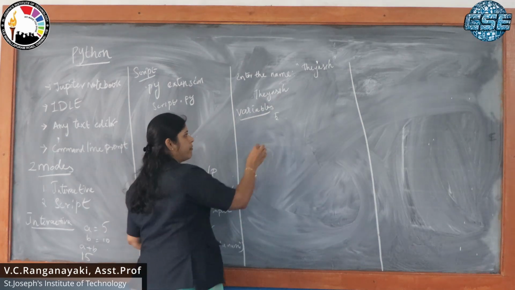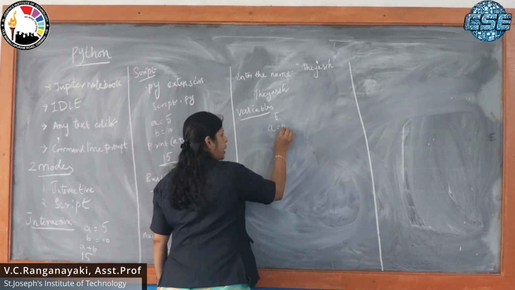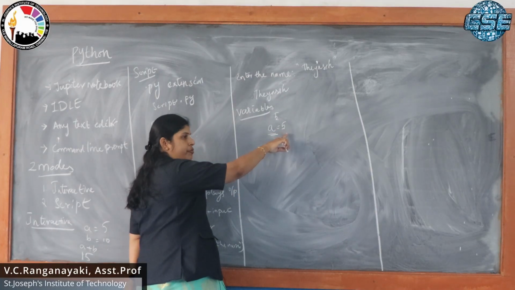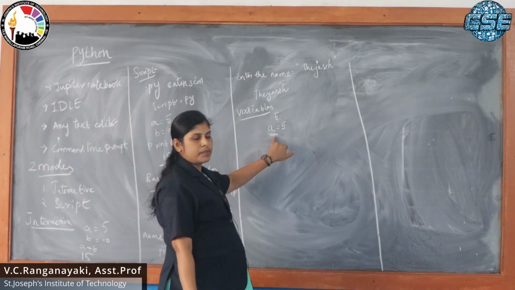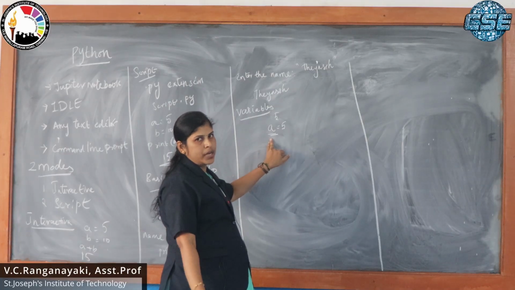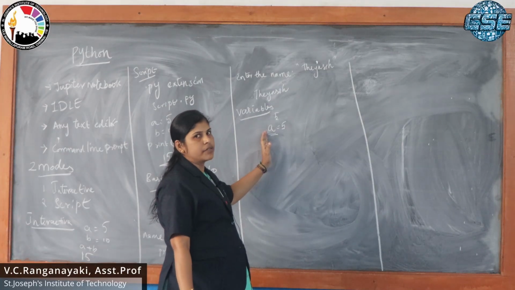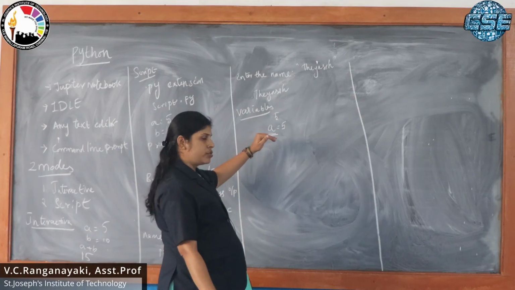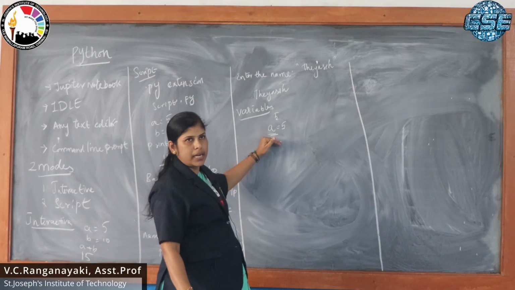I do it through a variable, a equal to 5. Through this variable a, I am storing the value 5, and sometimes it belongs to a type, right? Is it an integer value or float, it depends. So generally a variable is used to store a value.